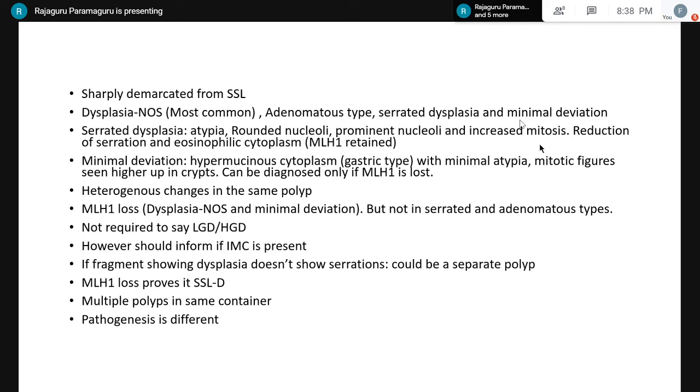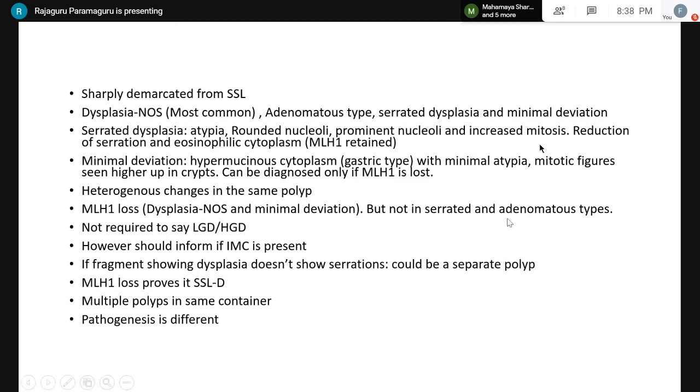If it is a high grade or a low grade dysplasia, the follow up is going to be the same. However, if you find an intramucosal carcinoma, it has to be reported. But there is no need of saying whether it is a high grade or low grade dysplasia. We'll just have to see if dysplastic change is present or not.